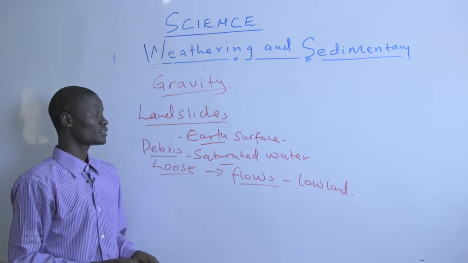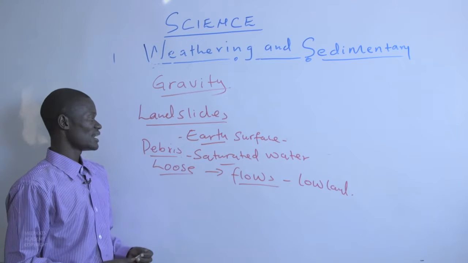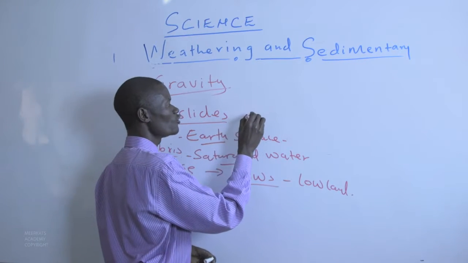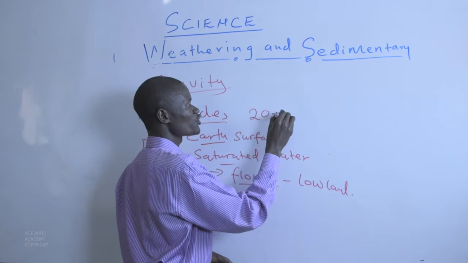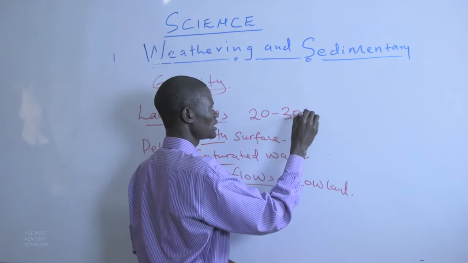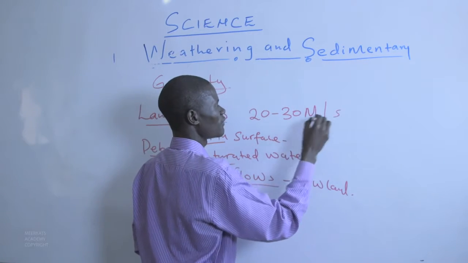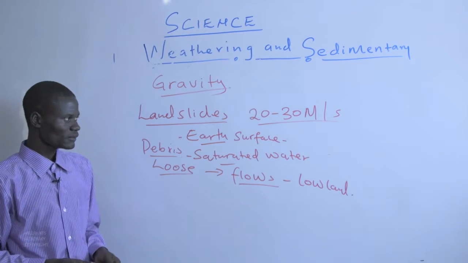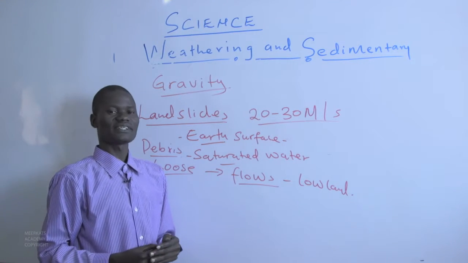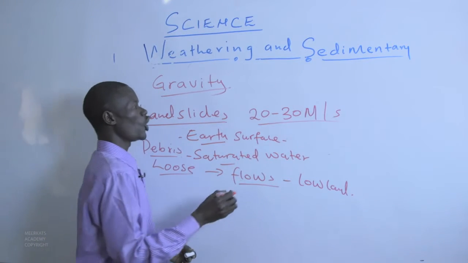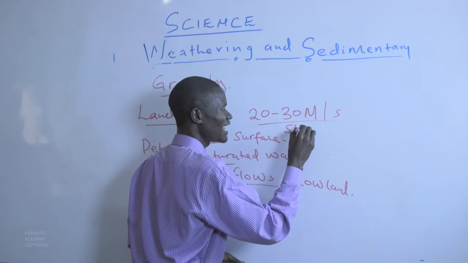It is also found that there are some areas where landslides move a distance of between 20 to 30 meters per second. Such speed is very high, especially depending on the slope of the land.